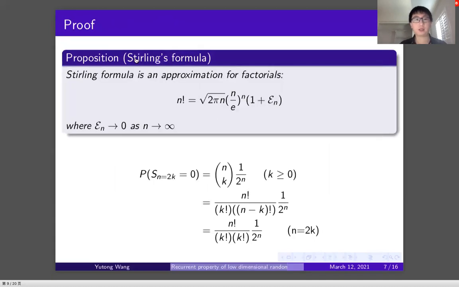So the Stirling formula is a good approximation for the factorials, which we can write in an algebraic way. Here epsilon is a small number, and as n goes to infinity, epsilon n goes to 0. So we can rewrite the form of the probability in this form, and as you see, n is equal to 2k, so the binomial can be written as n factorial divided by k factorial times k factorial.